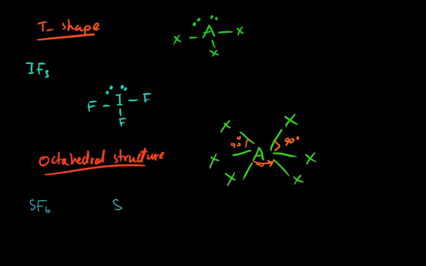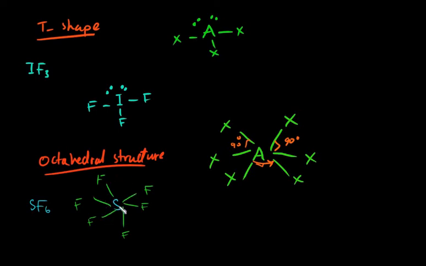Then we have 6 bonds, 1, 2, 3, 4, 5, 6, and fluorine on every bond. So this structure is an octahedral structure.